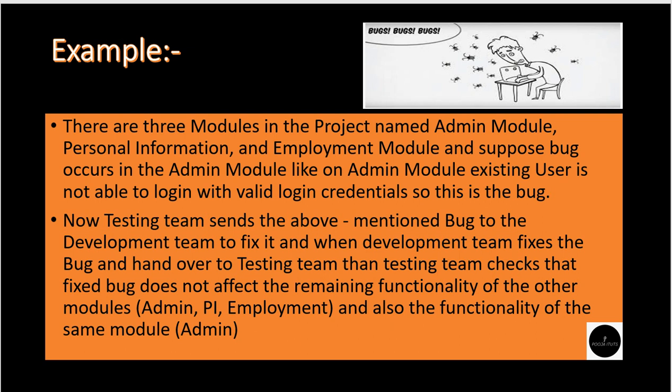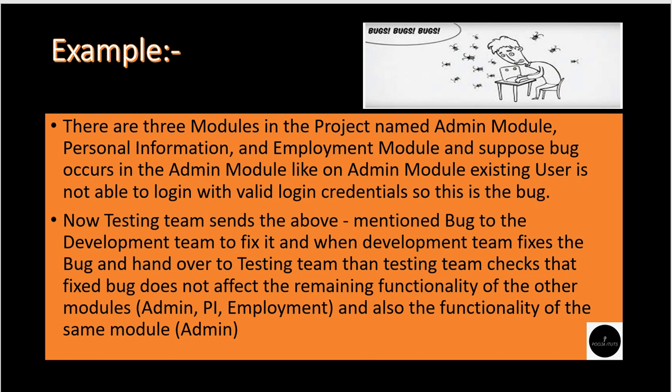So let's see some examples. Suppose there are three modules in the project named admin module, personal information and employment module. And suppose a bug occurs in the admin module, like on the admin module, an existing user is not able to log in with valid login credentials. So this is the bug. Now the testing team sends the above mentioned bug to the development team to fix it.